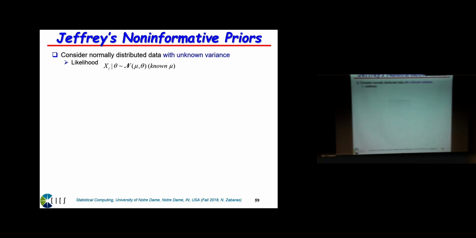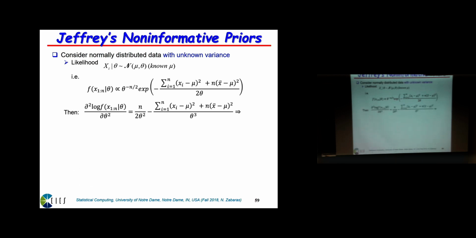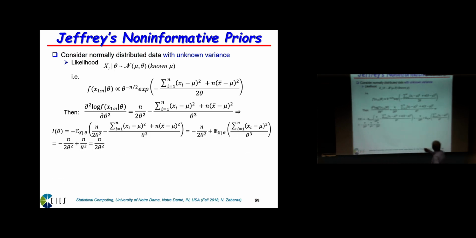If you try to do now the same problem, but for the variance, so the unknown here is the variance only, you write down the likelihood, and theta here is sigma squared in this equation. Theta is sigma squared. So you take the logs of this, and then you take two derivatives with respect to theta, just algebra with a minus sign at the end. And then we have to take expectation with respect to the distribution of x. So this is where x is coming in. When you take expectations, what is the expectation of this?